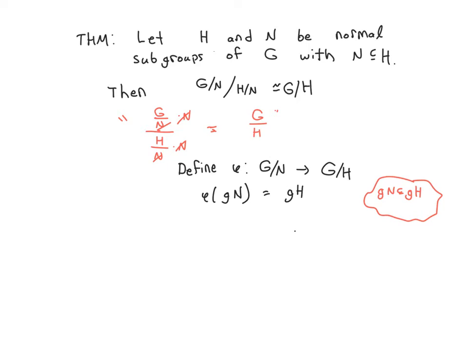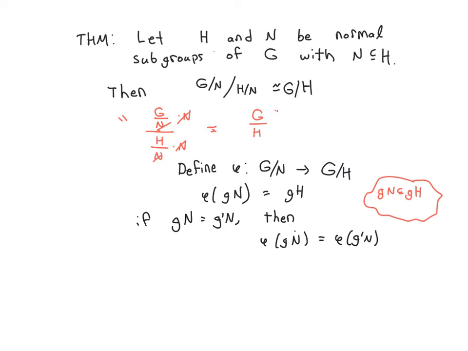There's still a problem with well-definedness we need to show, because this formula we have is using this little letter g, which means that we're using a specific coset representative. So we still have to show that if gN were equal to g'N, then we still get phi(gN) is equal to phi(g'N).